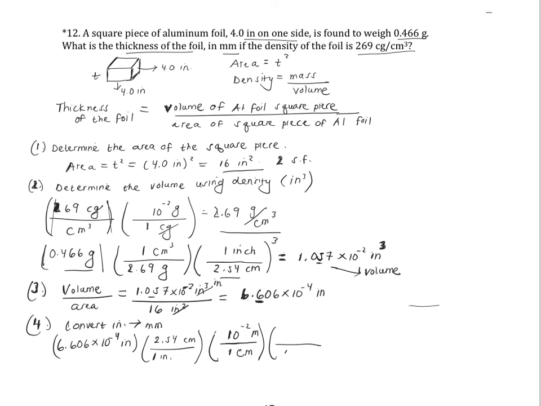And there's 10 to the negative 3 meters in 1 millimeter. And so that gives us 1.7 times 10 to the negative 2 millimeters as the thickness of your aluminum foil.